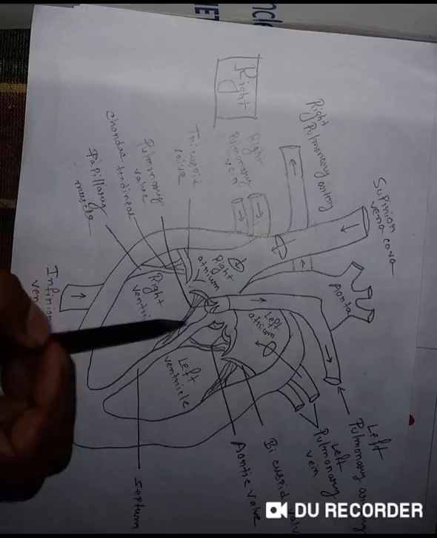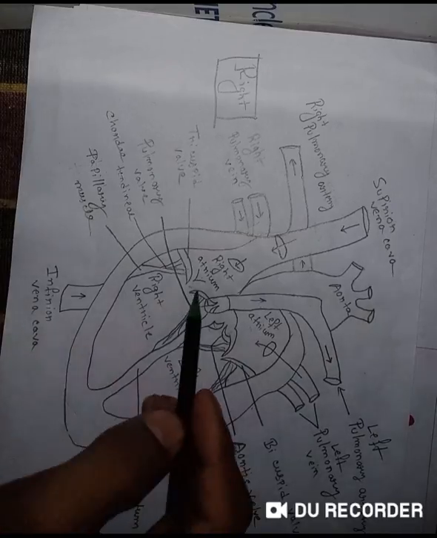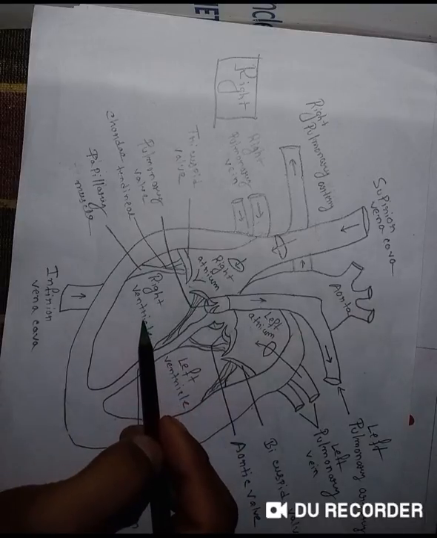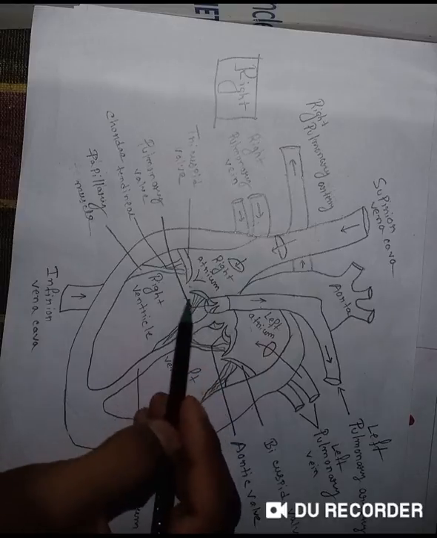Now what happens to the blood which comes to the right atrium? This is deoxygenated blood, remember this. This deoxygenated blood goes to the right ventricle through these valves. Which valve? The tricuspid valve.